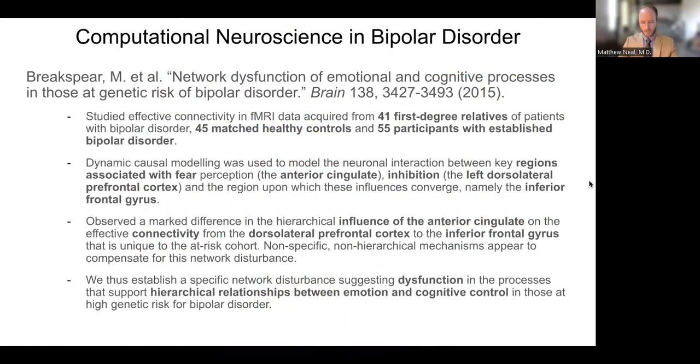So we see computational neuroscience being used now in other areas, and in areas of psychiatry as well. So Breakspear, for instance, did a study on cognitive and emotional processing in individuals at genetic risk for bipolar disorder. Essentially, he took a group of first-degree relatives of patients with bipolar, so there's the genetic risk, 45 matched healthy controls, and 55 participants with established disorder.